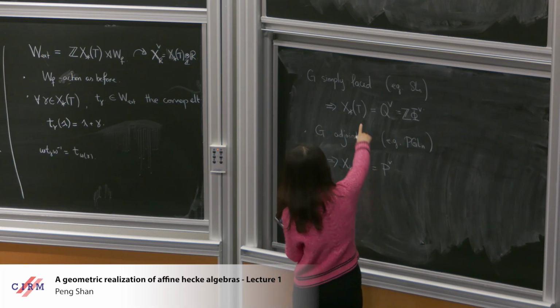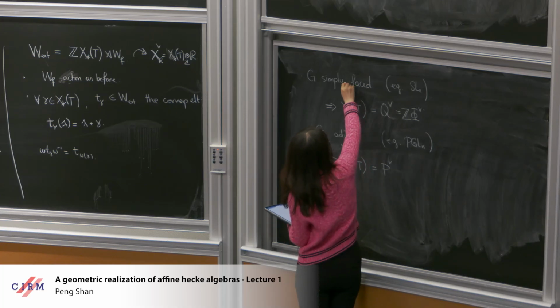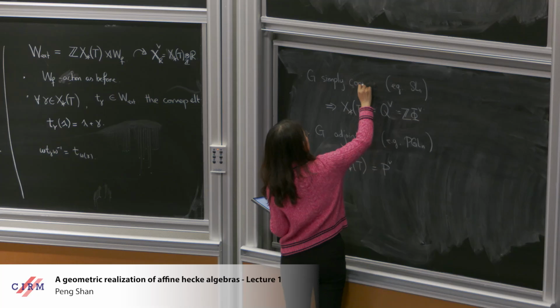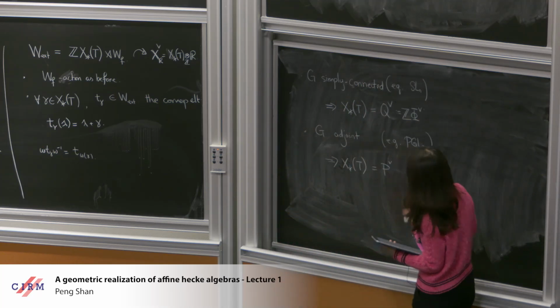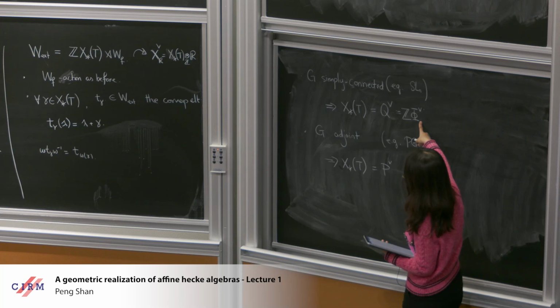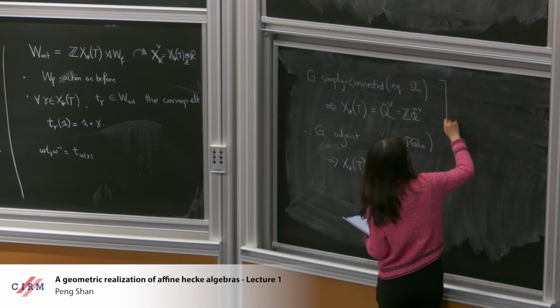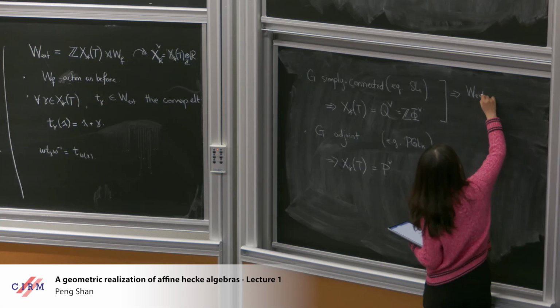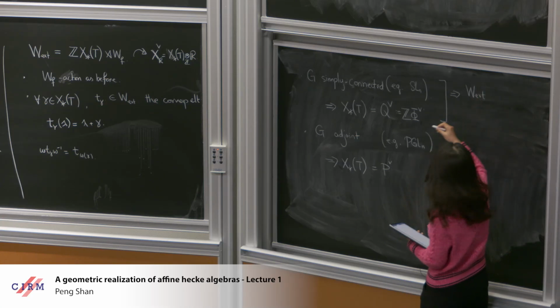So in the first case, when G is simply connected, this extended affine Weyl group is again a Coxeter group.